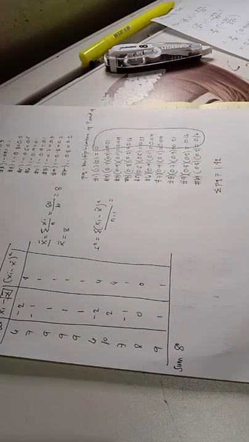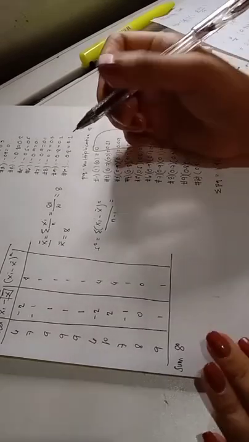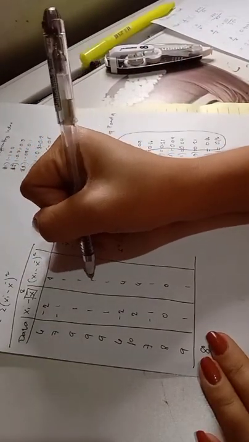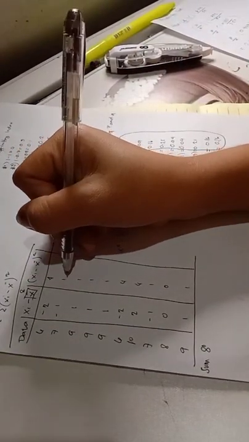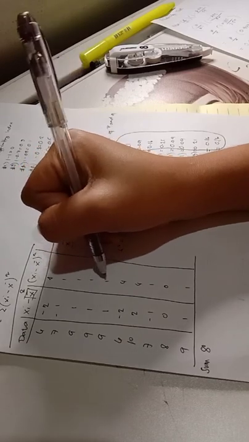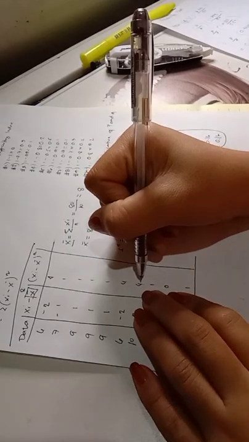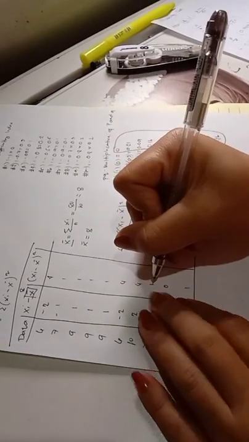So we have to add it all up. 4, 5, 6, 7, 8 plus 4, 12 plus 4, 16, 17, 18.